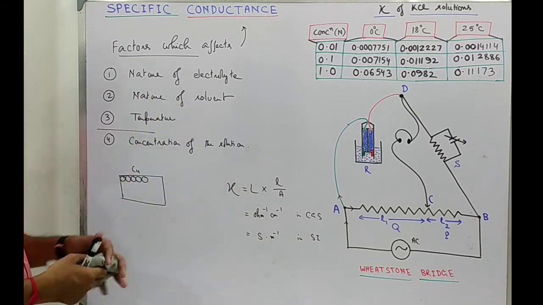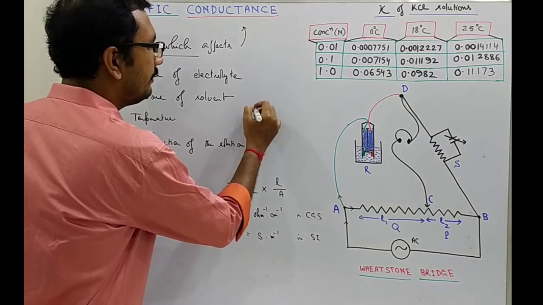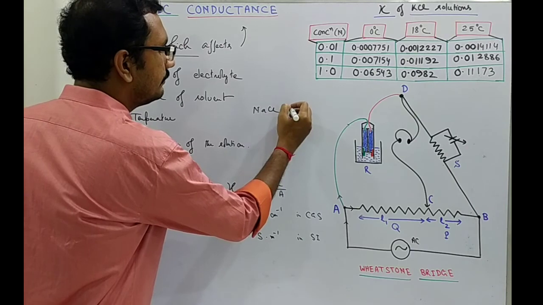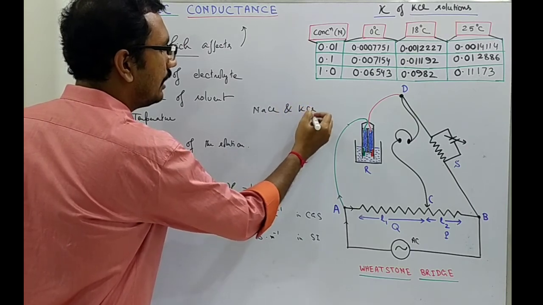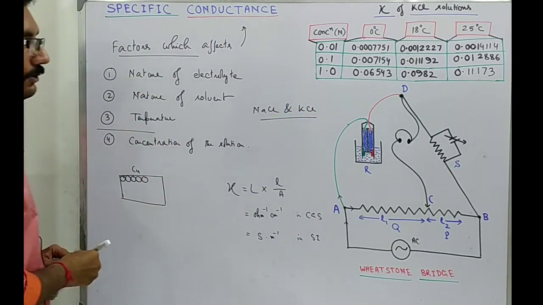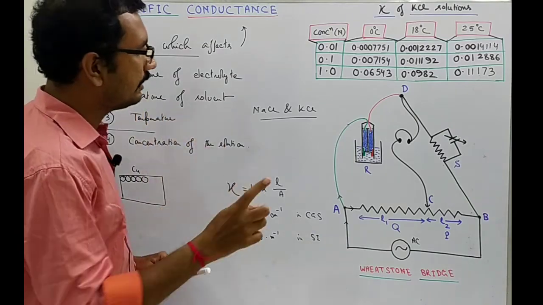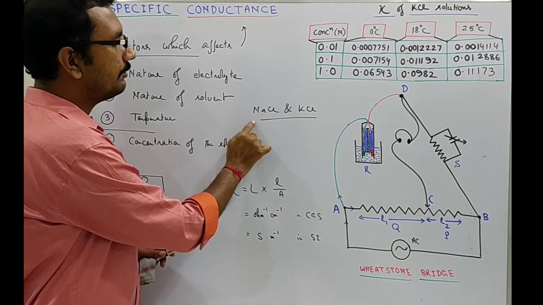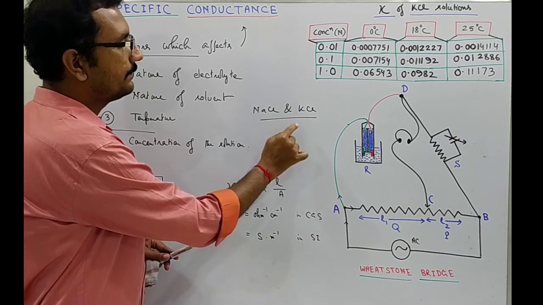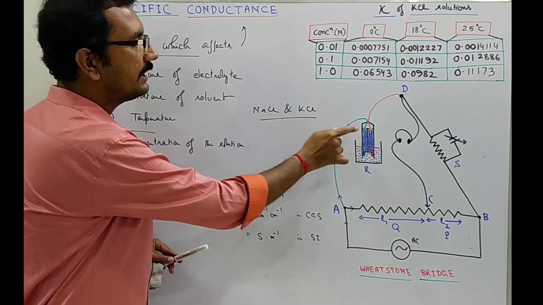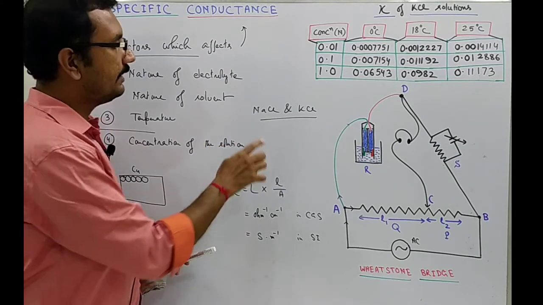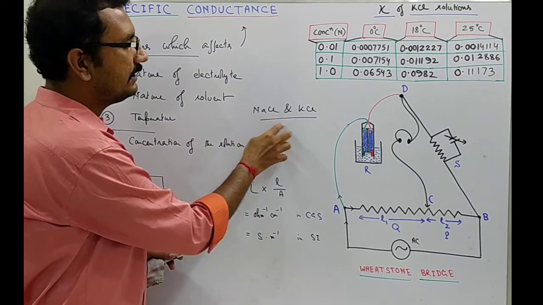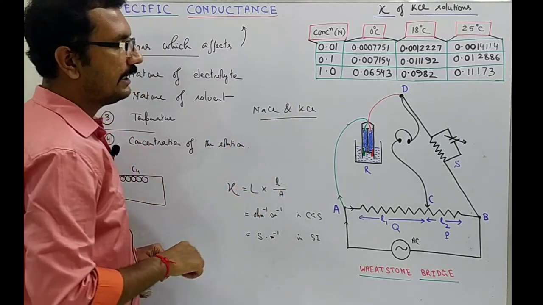So, how will you compare between NaCl and KCl? When you compare, you have to mention the concentration. Do not compare 0.1 normal NaCl with 0.5 normal KCl. Do not compare 0.1 normal NaCl with 0.01 normal KCl.